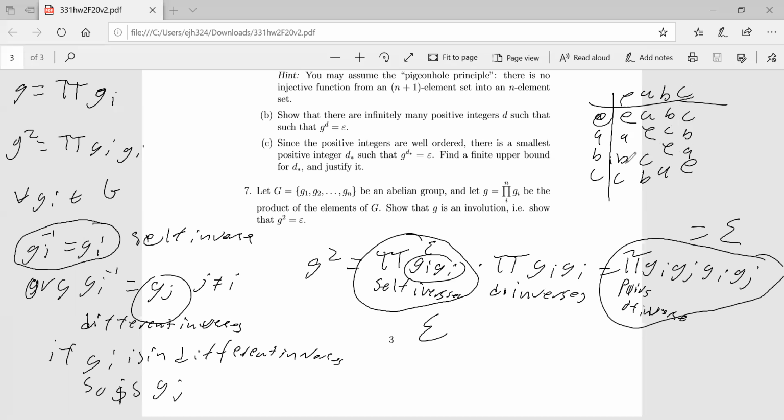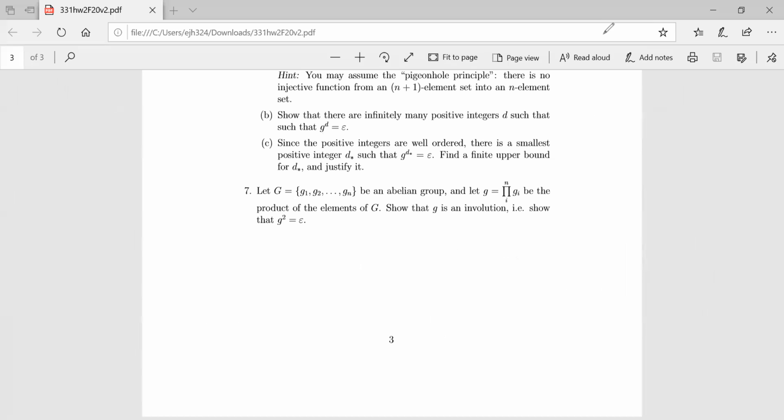A plus B is going to be equal to C, so A plus B plus C is going to get me back to E. Does that make sense? Cool. Any other questions people want me to go over?